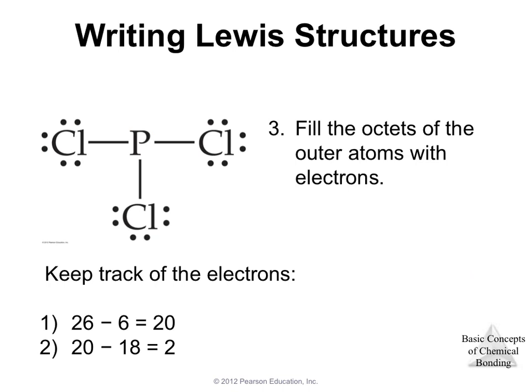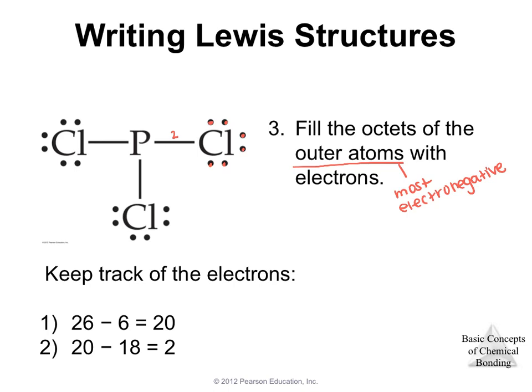Next, we're going to start on the outside because the outer atoms are going to be the most electronegative. And we're going to fill their octets. So remember, octets mean 8. So I'm putting in my 1, 2, 3, 4, 5, 6, and then the line counts for 2, 7, 8.